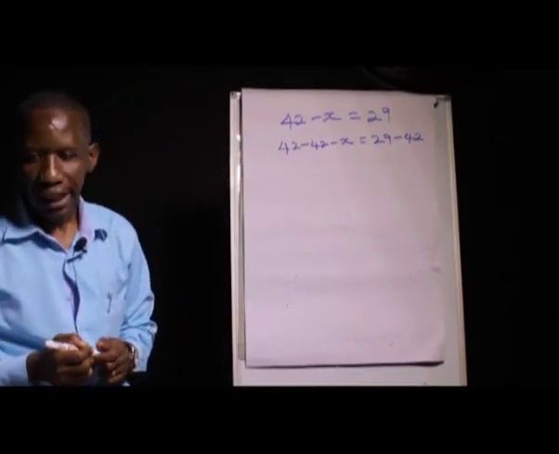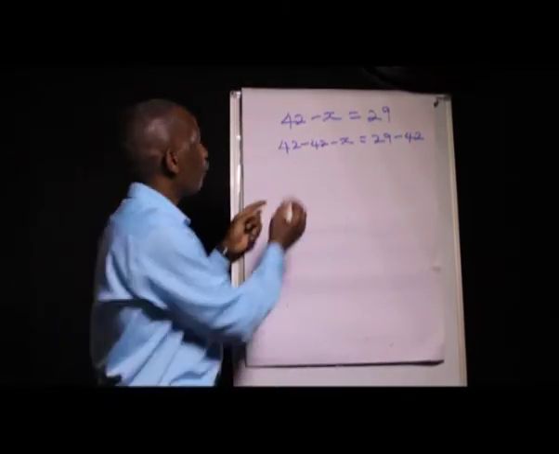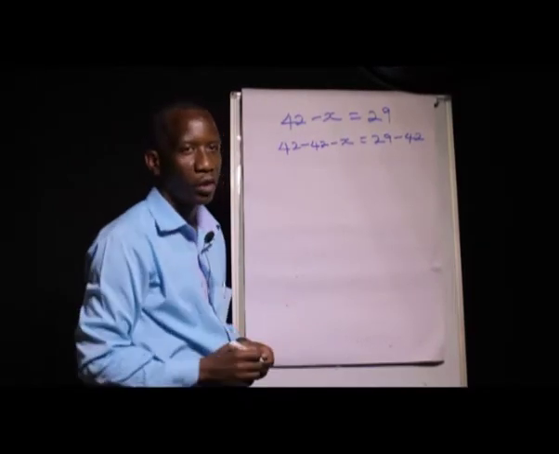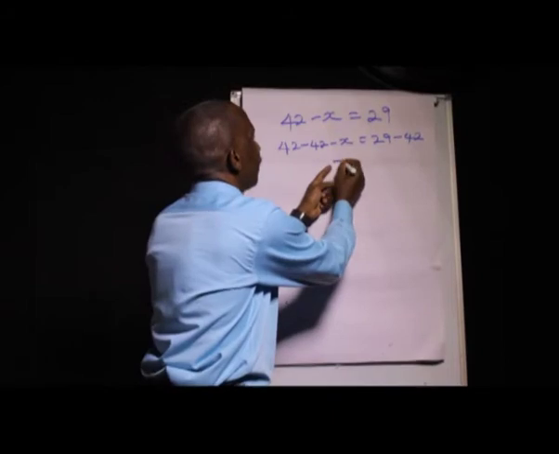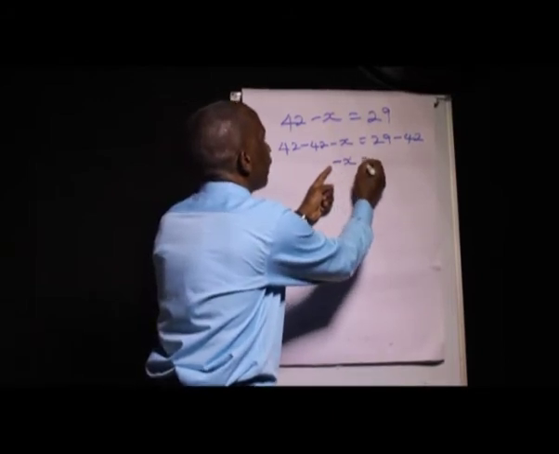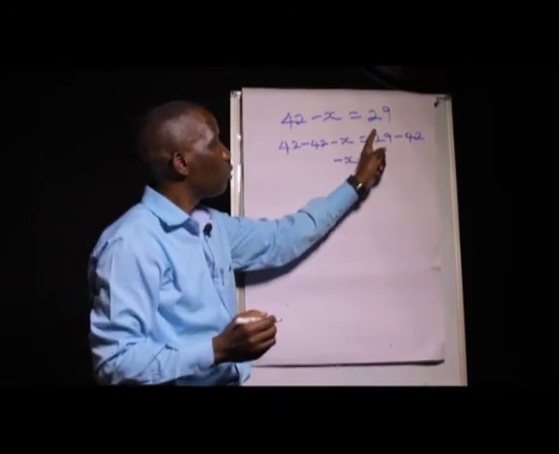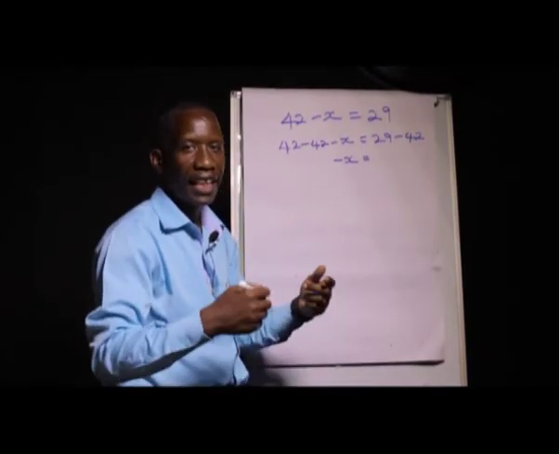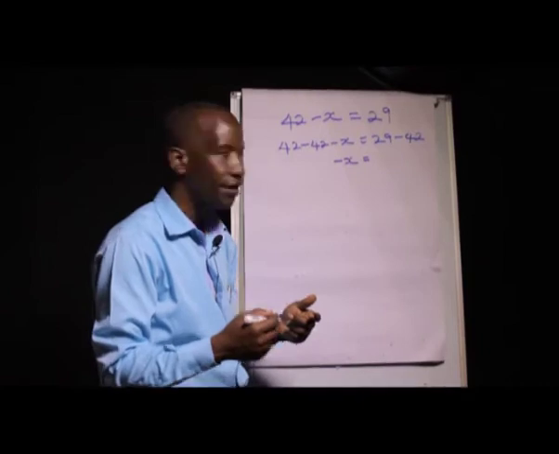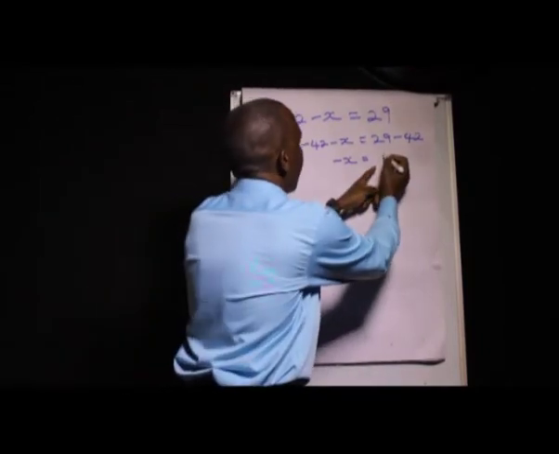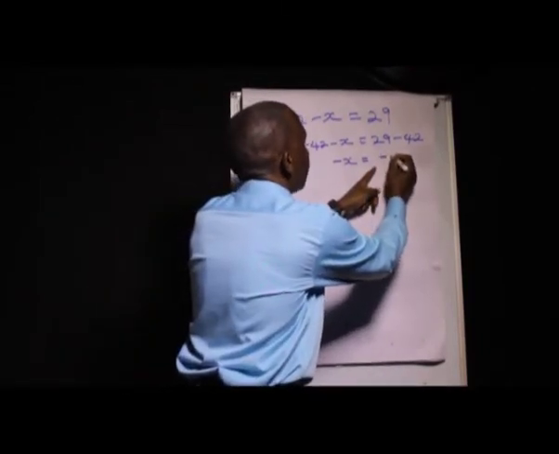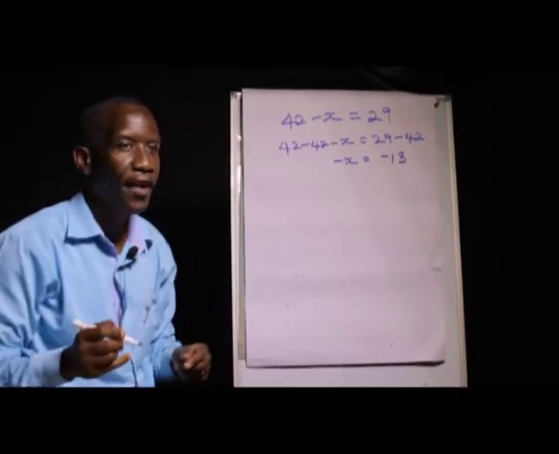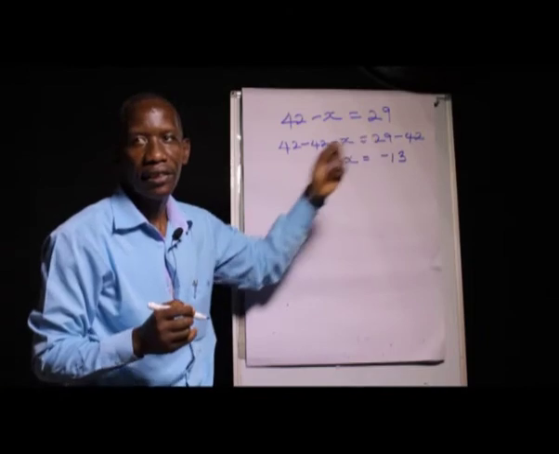Good. That means that 42 minus 42 will give us a 0. We don't need to write it. This side, we are remaining with x. This side, we have 29 minus 42, which will give us a negative answer. And class, this is negative 13.